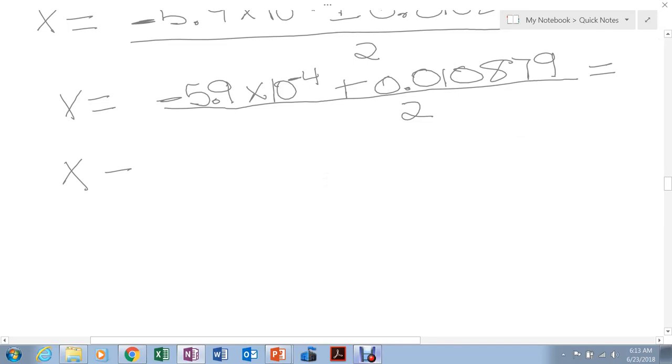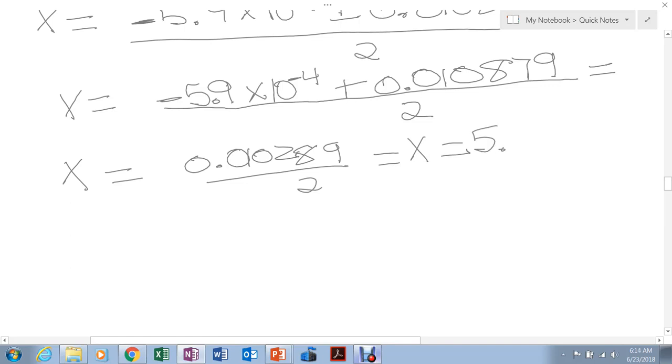This equals 0.010289 divided by 2. And x is going to be 5.14 times 10 to the negative 3.